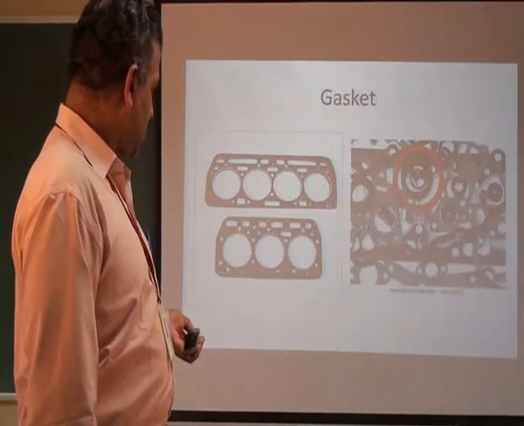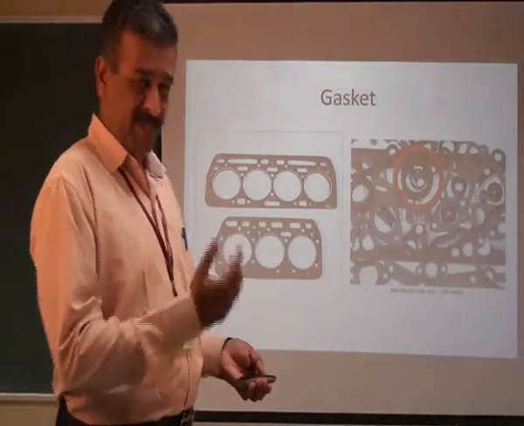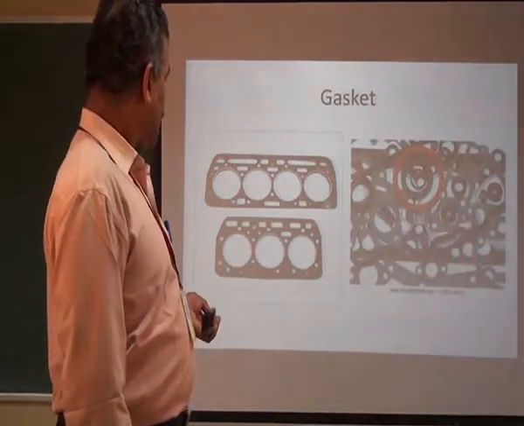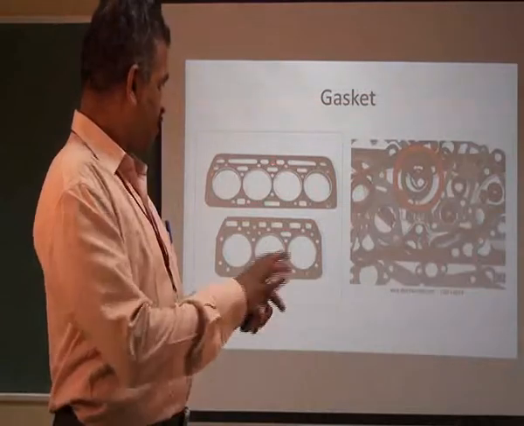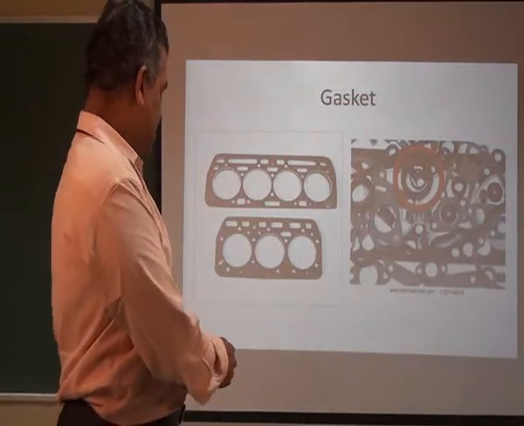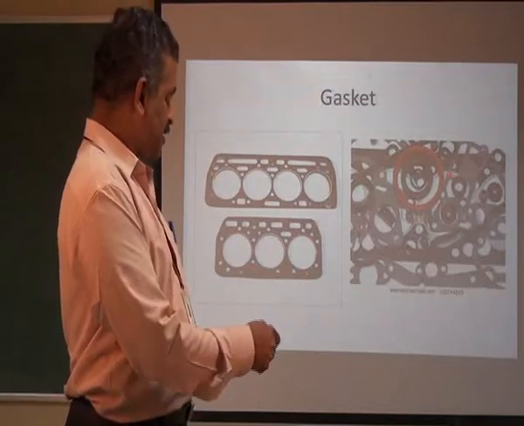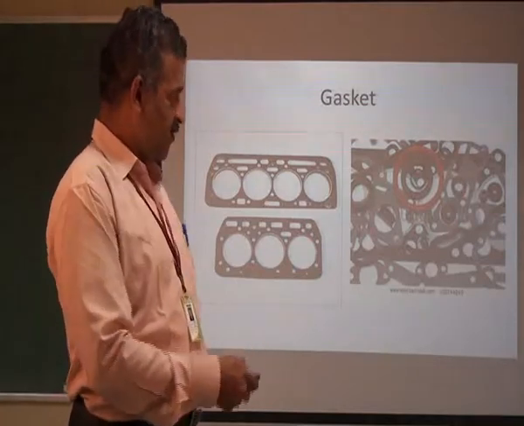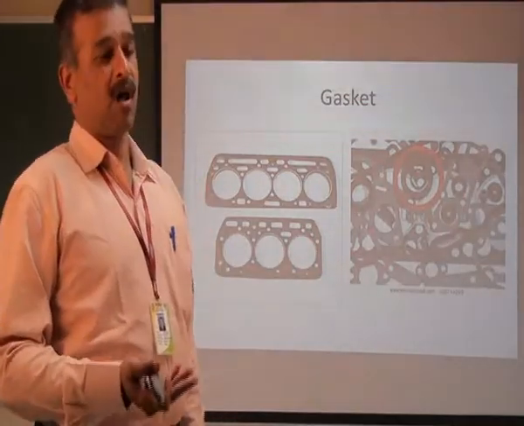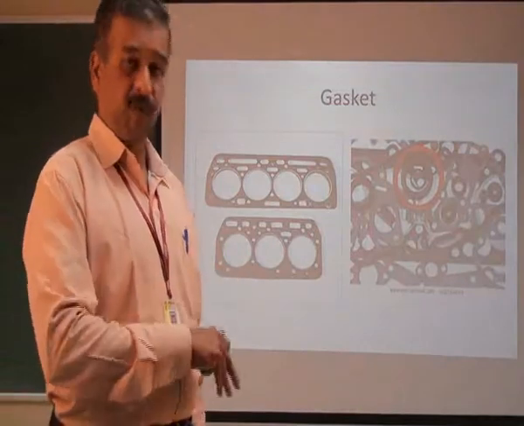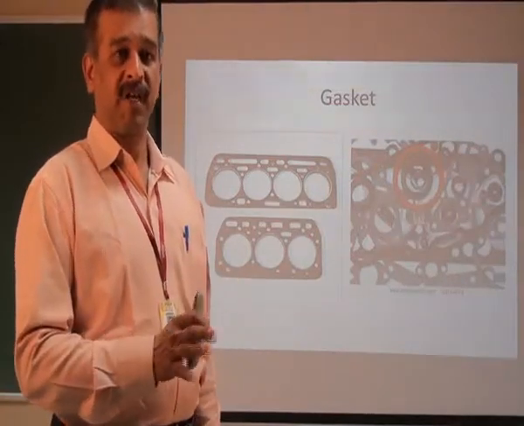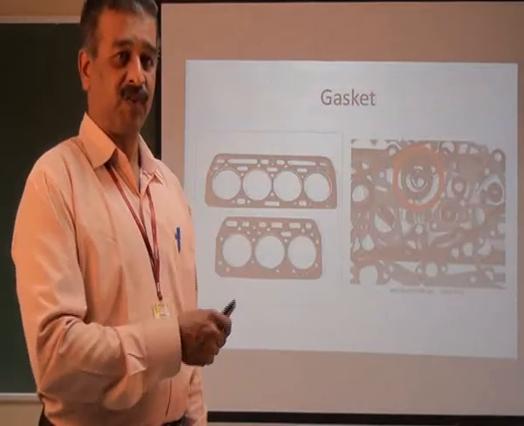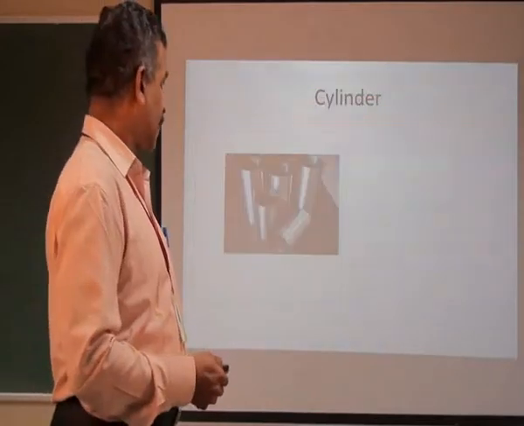You can see the holes, bigger size holes for movement of the piston. And these are the water jacket holes, and everything is there. And this is a 3-cylinder engine gasket. And these are all gaskets which are fitted in oil pumps or manifolds. Wherever applications are needed, we can use these gaskets.